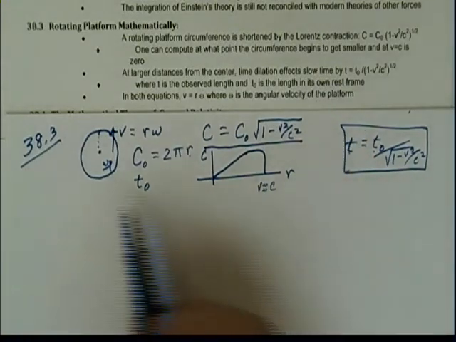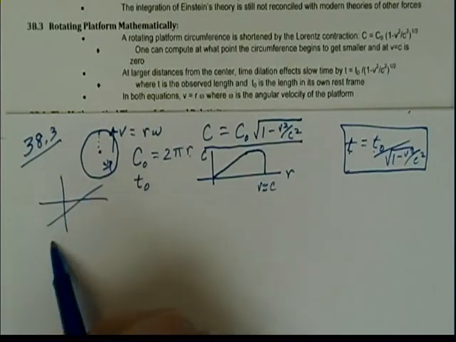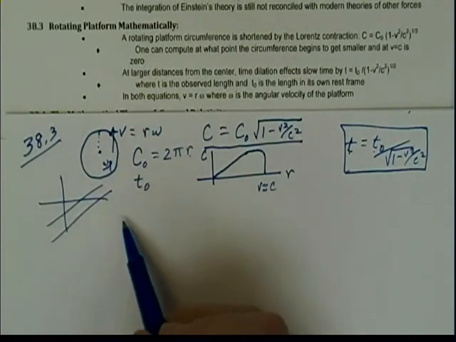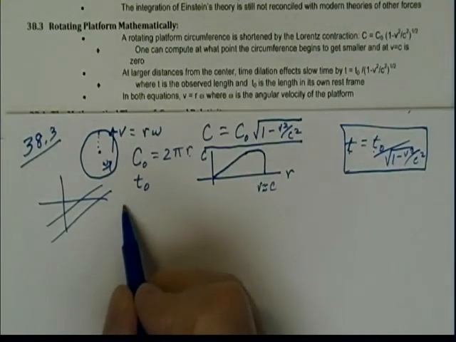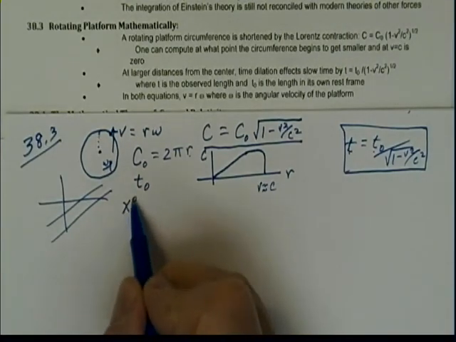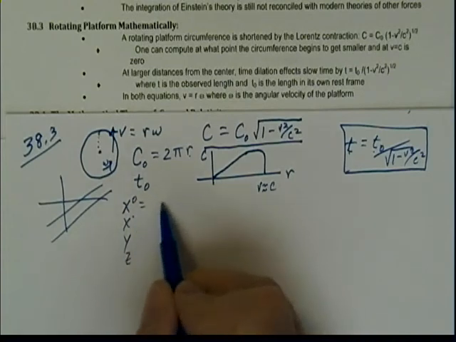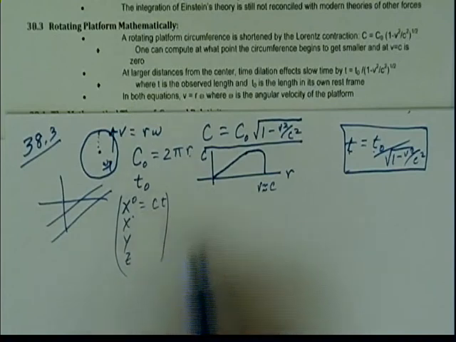It isn't like we have where normally parallel lines never meet. Here the parallel lines can meet. Time runs at different rates at different places in this space, and therefore we can say that our four-dimensional space-time, x naught, x, y, and z, and this x naught you recall is ct, that this four-dimensional space behaves in a curved manner.